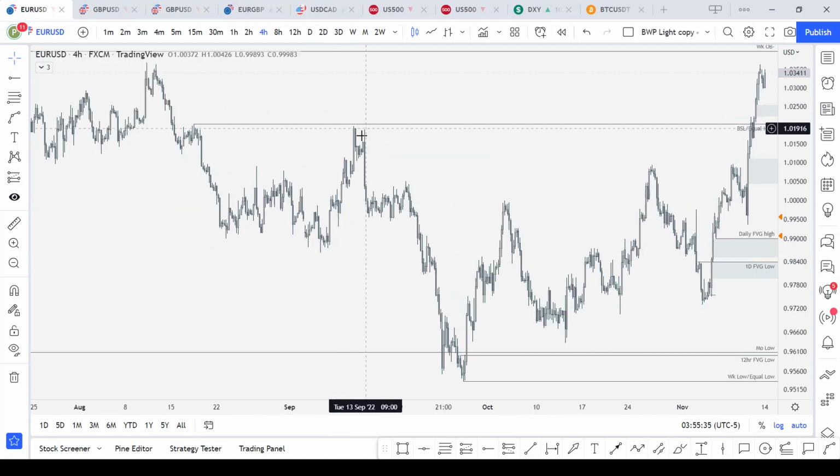I remember taking a short here because I anticipated this smart money reversal. Okay, so this is the initial consolidation, you have this level of consolidation right there, and then you run into a level of resistance.